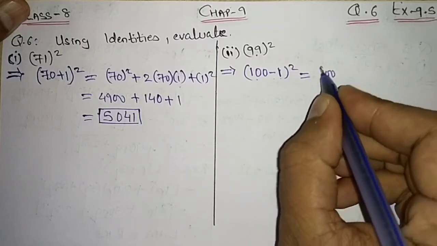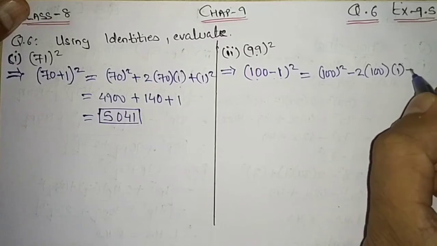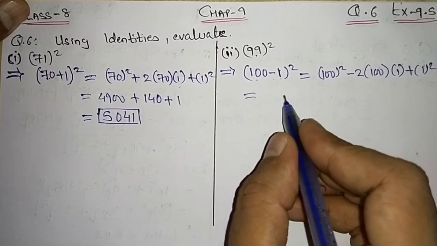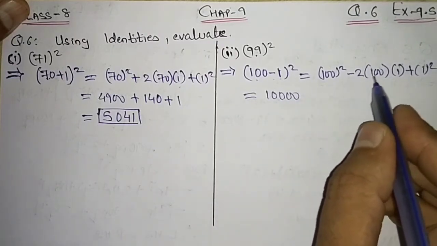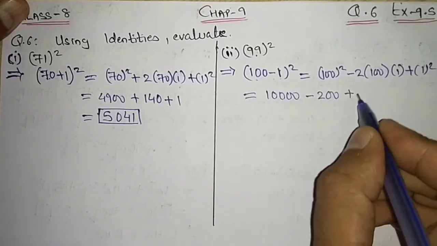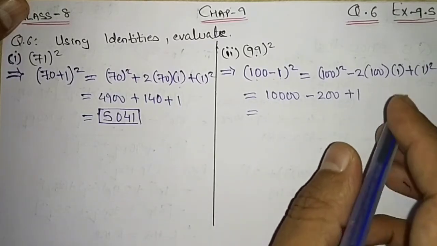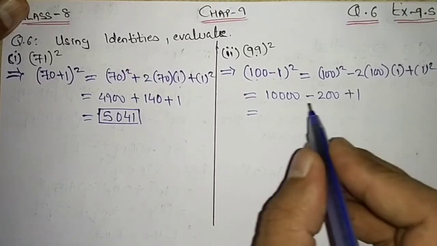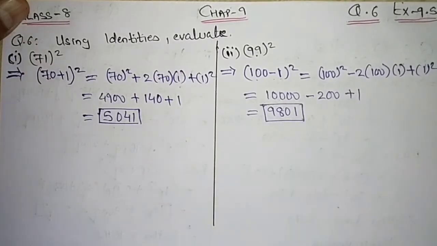For that I will use a square minus 2 into a into b plus b square. 100 square will give me 10,000 minus 2 into 100 will give me 200 plus 1. 10,000 minus 200 will give me 9,800 and plus 1 will give me 9,801. This is my answer.